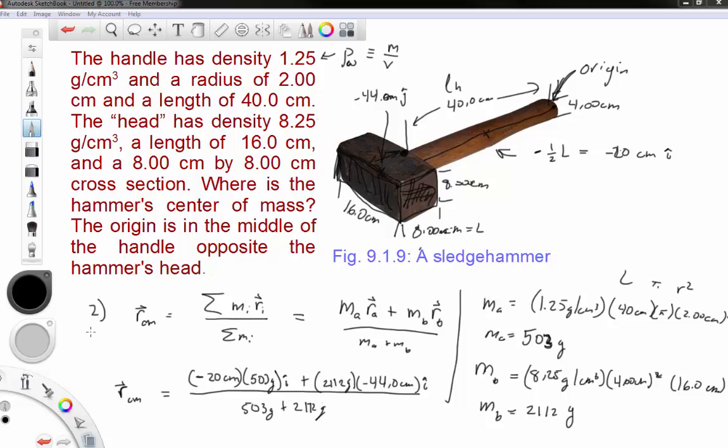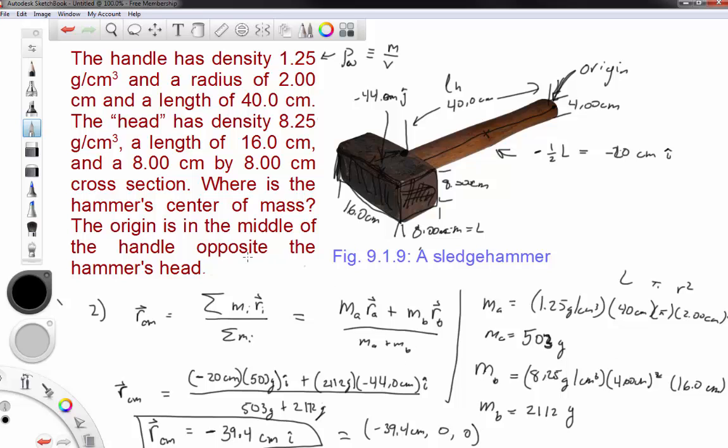So when you put all these guys in and add them up, you end up finding that the center of mass position is negative 39.4 centimeters in the i hat direction. Or if you want, you could give a coordinate, which is to say that it's minus 39.4 centimeters, comma, 0, comma, 0.